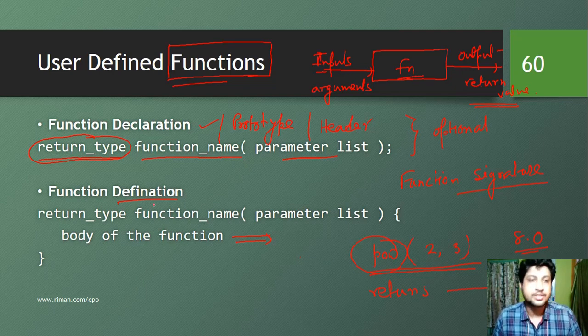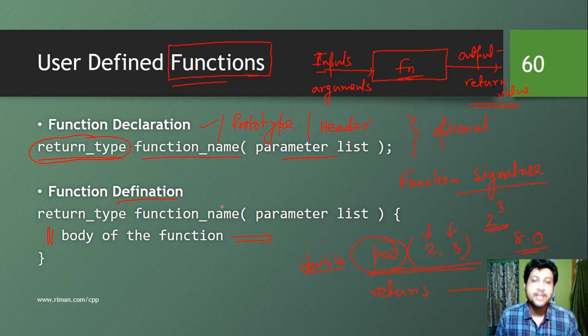So the data type or the return type of this pow function is double. Similarly, for user defined functions as well, we have to specify the return type of the function, and also we have to mention the parameters. So these are the parameters to the power function. That means these are the inputs to the power function, and it computes 2 to the power 3. So how this 2 to the power 3 is computed from this input is written inside the function definition.